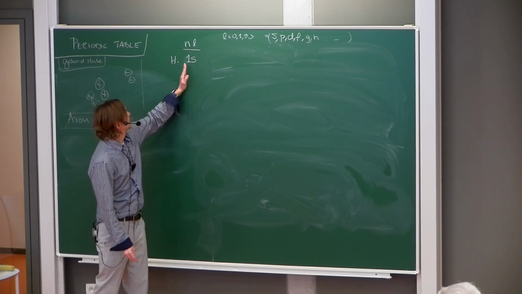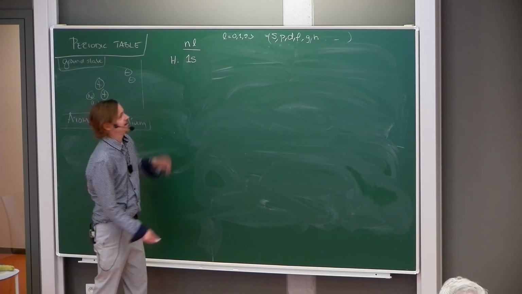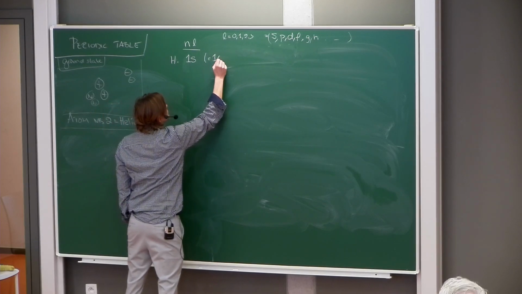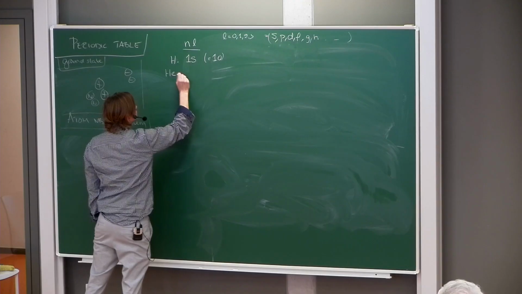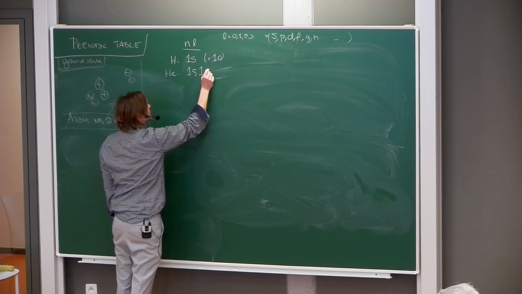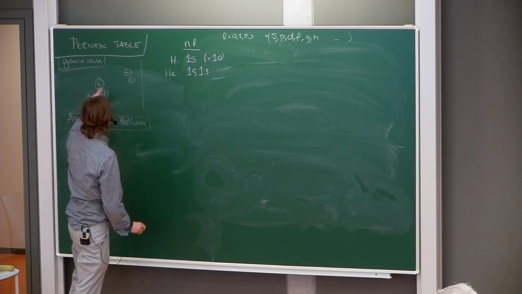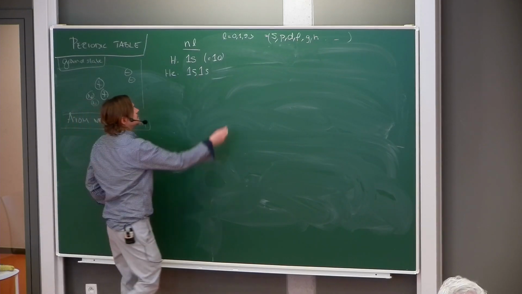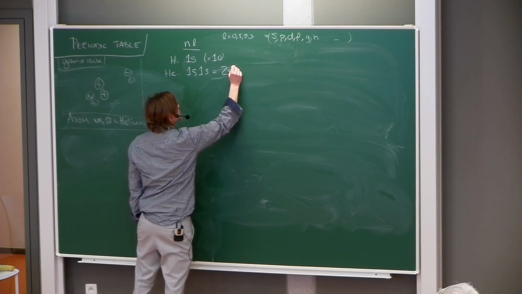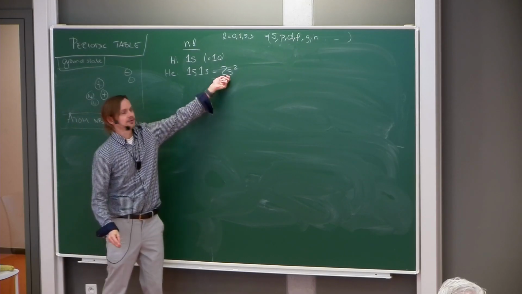So this is then 1, 0, really, but it's 1s, which is 1, 0, okay? Now, for helium, then we have 1s, 1s. So we have 2 electrons, the first one in 1s, also the second one in 1s. So that's then called 1s squared, and we forget about the parentheses here.